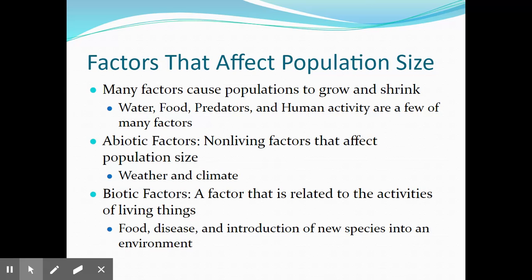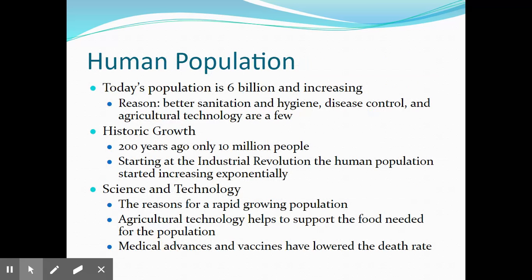Biotic factors are the living factors within an ecosystem, such as the amount of food, disease that may enter a population, or the introduction of a new species. The introduction of an invasive species or a new species into the environment can lead to competition problems. Competition can then lead to the removal or elimination of that species.